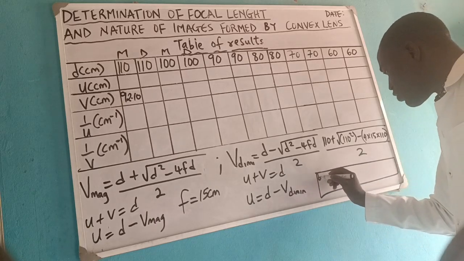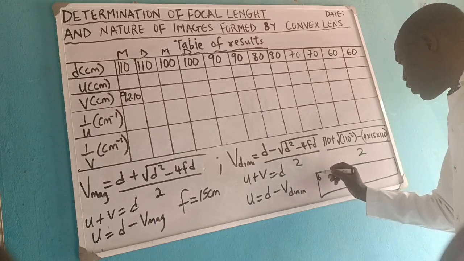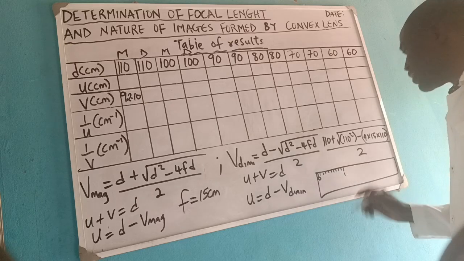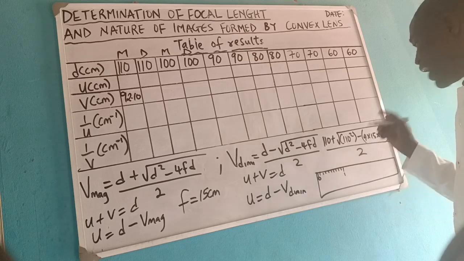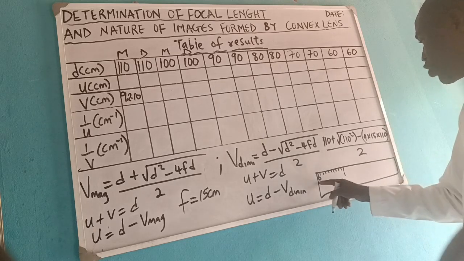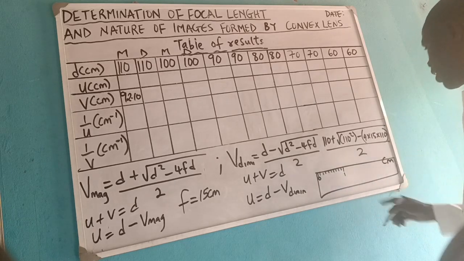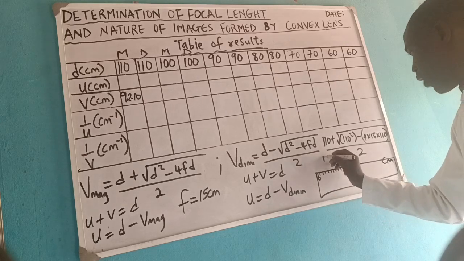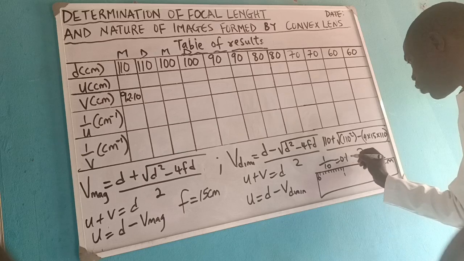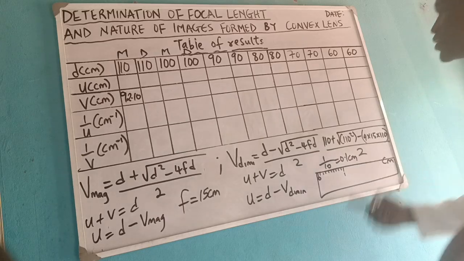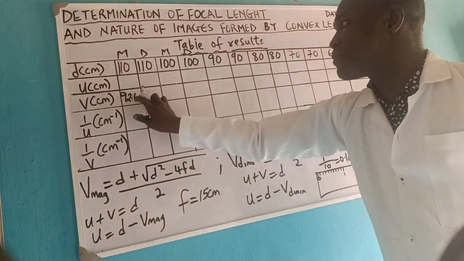If here is 0 and here is 1, there is always a tiny line, about 10 of it: 1, 2, 3, 4, 5, 6, 7, 8, 9, about 10 of it. So 1 minus 0, and this is a centimeter. 1 minus 0 is 1, all over how many tiny lines? 10. That gives you 0.1 cm. That means it should be in one decimal place.